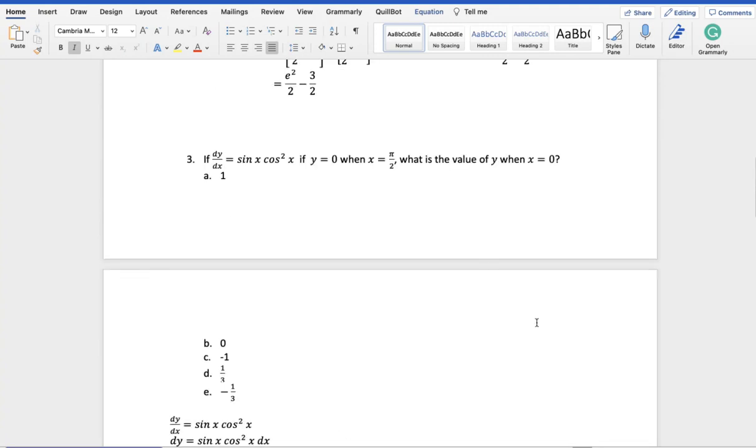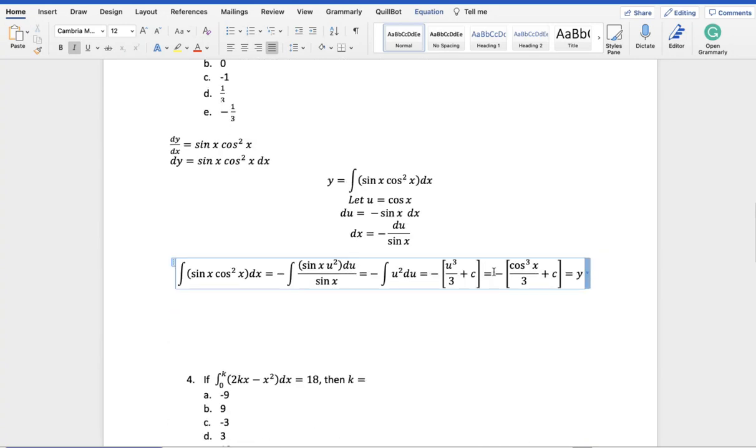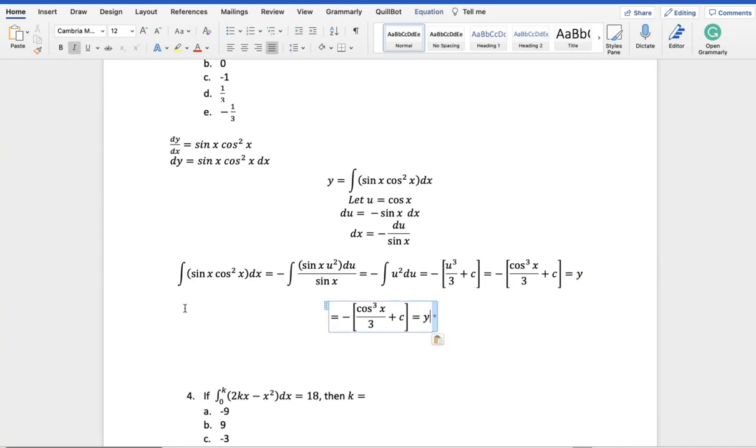If you go back to the problem, it tells you that when y is equal to 0, x is equal to pi over 2. So let's substitute y by 0 and x with pi over 2 and see what we get.